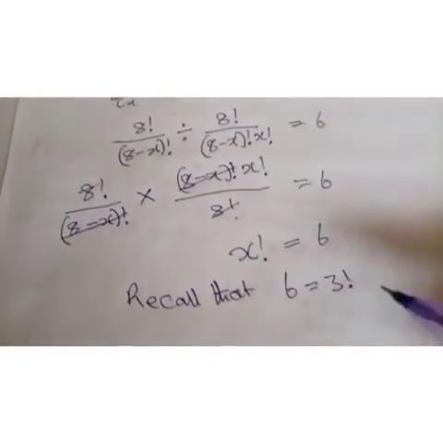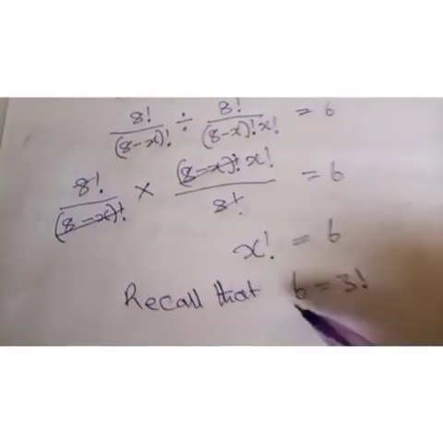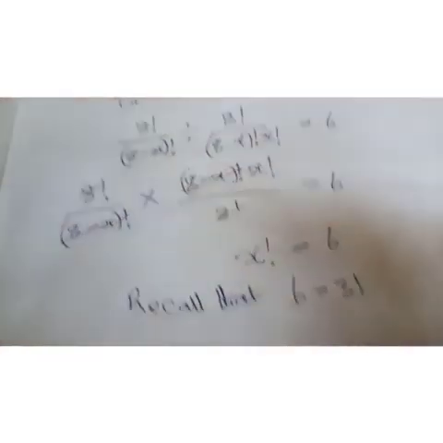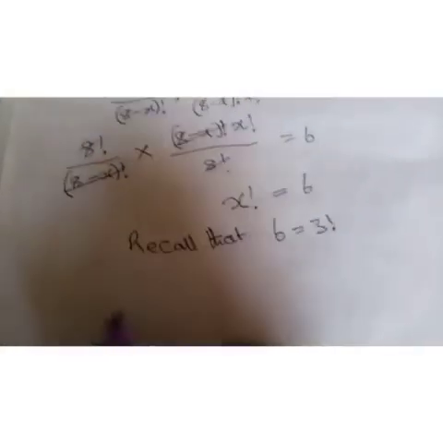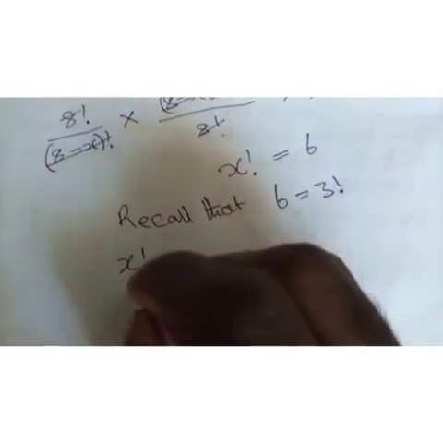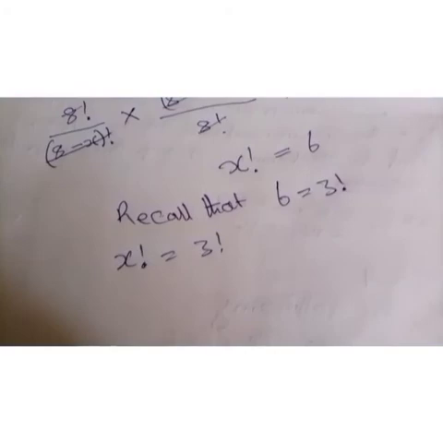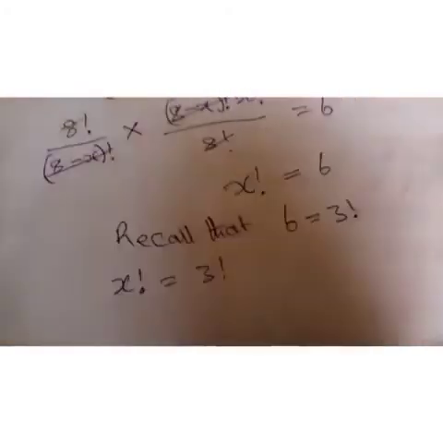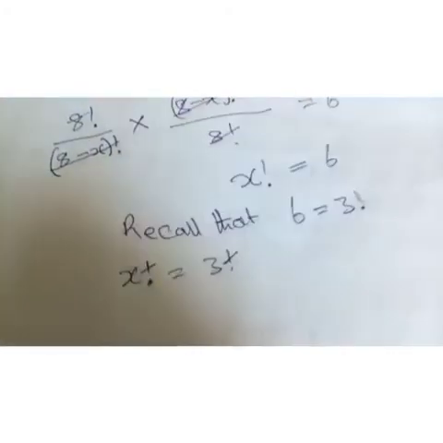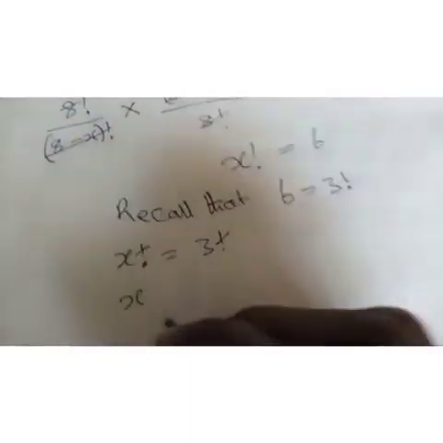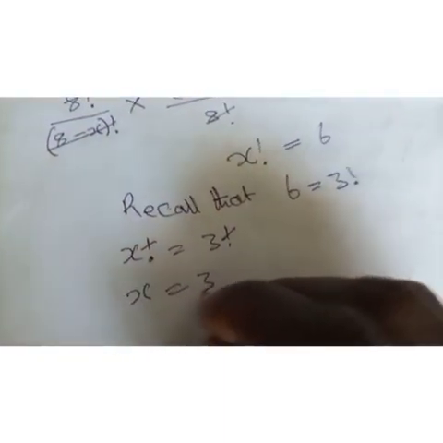When you say 3 times 2 times 1, it will give you 6. So 6 is 3 factorial. So our X factorial is equal to 3 factorial. But we are looking for the value of X, so we cancel the factorial. So our X will be equal to 3.